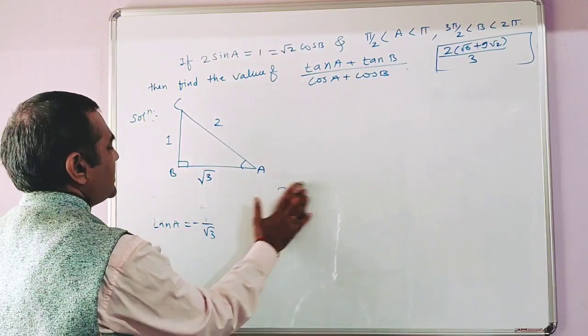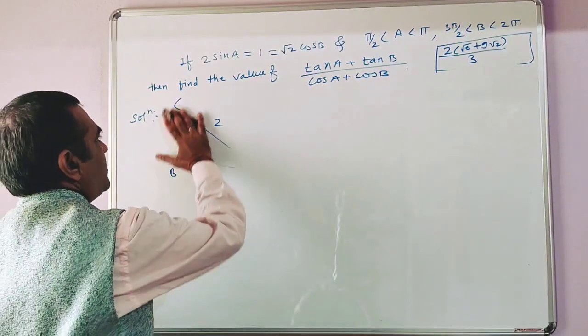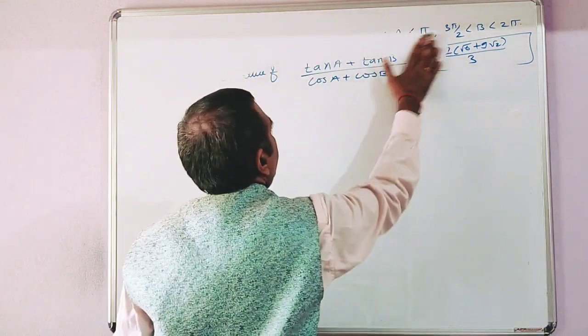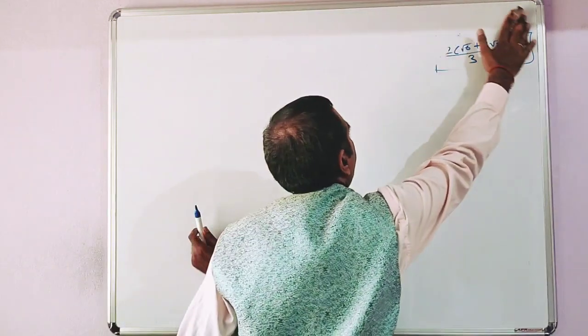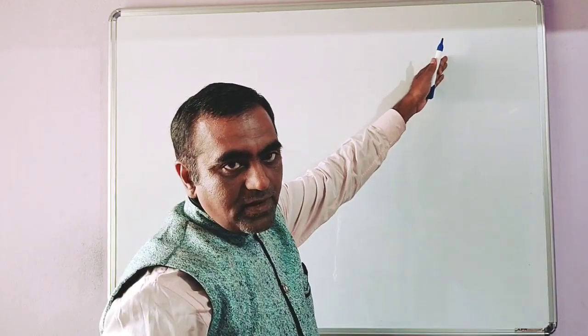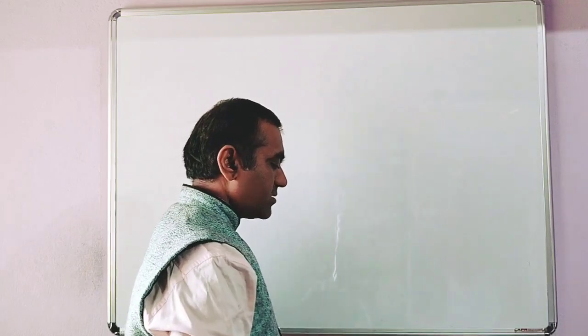You can use both these methods to solve and you can get the correct answer. You can simplify or you can write it as it is. This was the simplified answer.